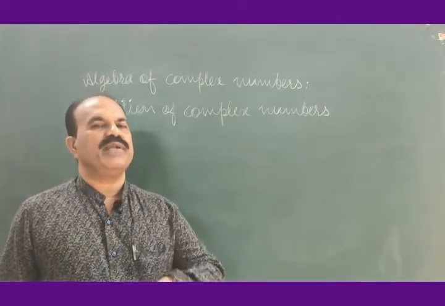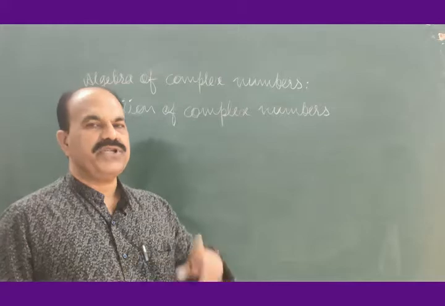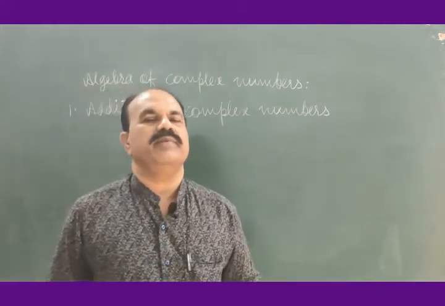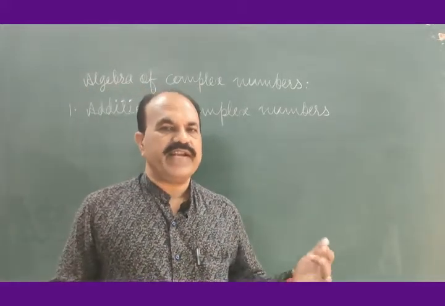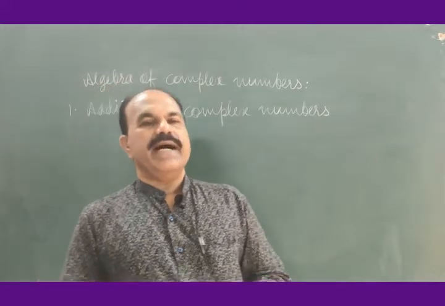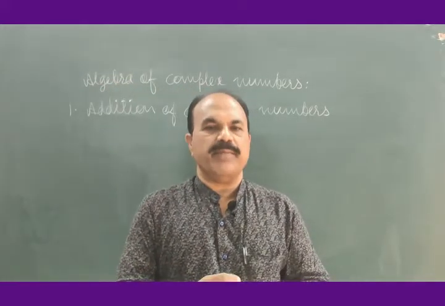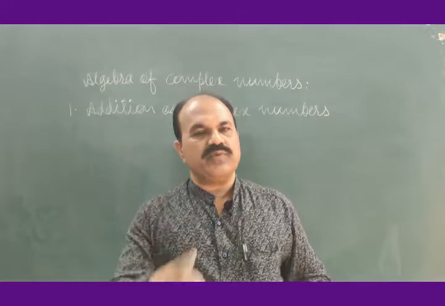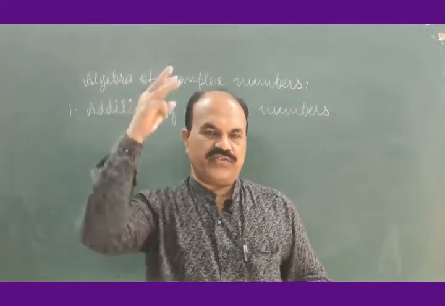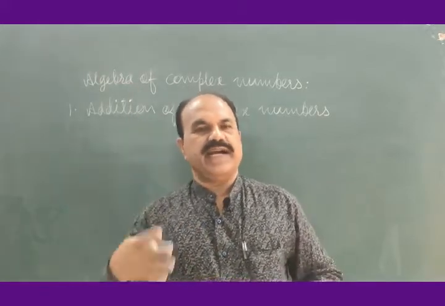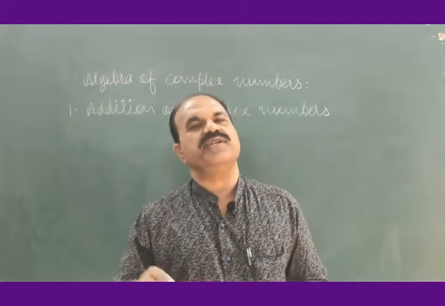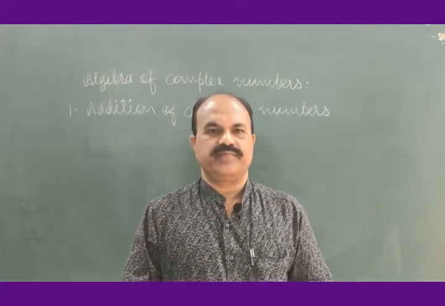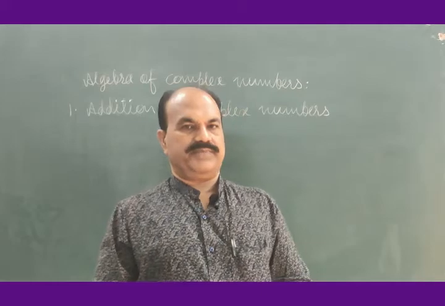Addition of two complex numbers is also a complex number. How to define addition of complex numbers? Addition of two complex numbers, addition of three complex numbers, addition of four complex numbers, and so on, is also a complex number.